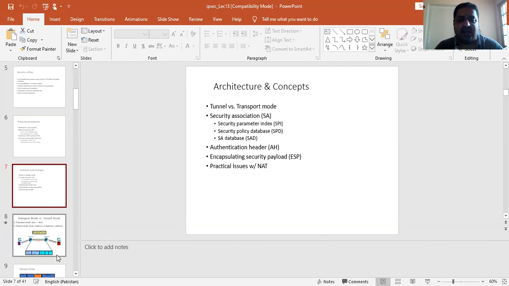But as far as this protocol is concerned, we have discussed different topics.